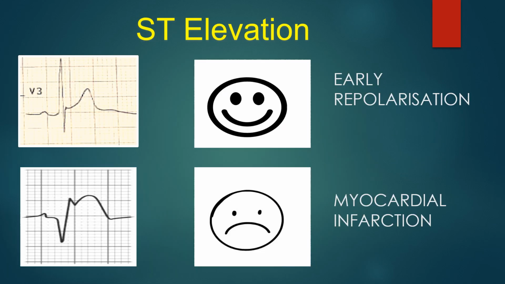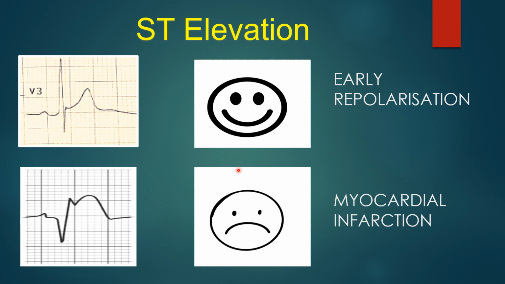Now, a very important aspect, especially in the case of ST elevation. Whenever you want to identify whether the patient is having a myocardial infarction or an early repolarization or some other differentials based on ST elevation alone, then you have to see certain things.